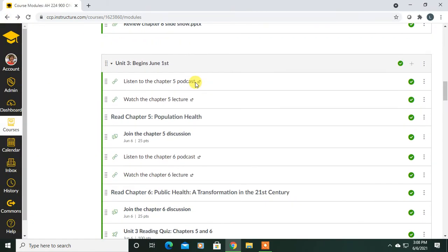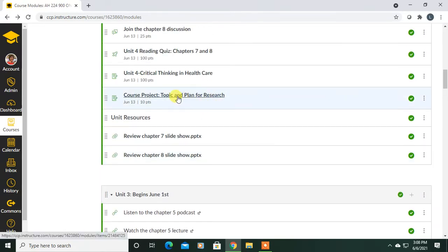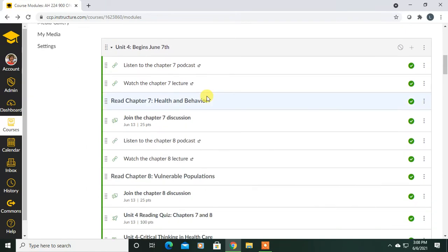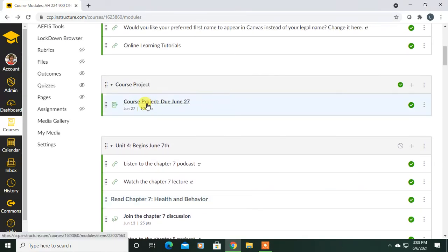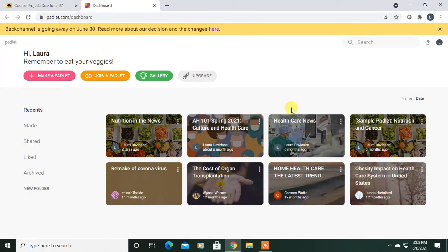Finally, we're beginning our course project work in Unit 4. You need a topic and a plan for your research, but the best place to start is probably by reviewing what the final product will be, and that's the course project due June 27th. You are going to make an online bulletin board using Padlet on a topic that is a current issue or trend in healthcare.